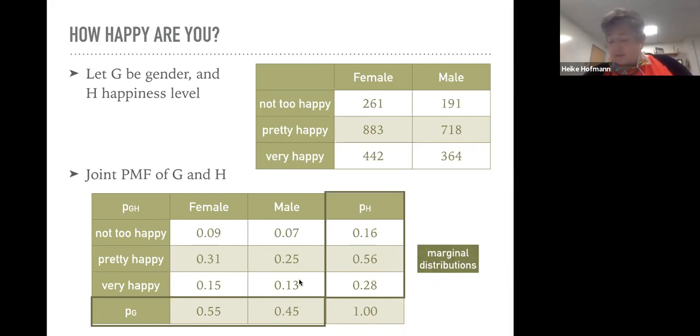So we were talking about independence of events. Now we can extend this concept to independence of random variables. So does it matter whether we have a woman or a man regarding their happiness levels?